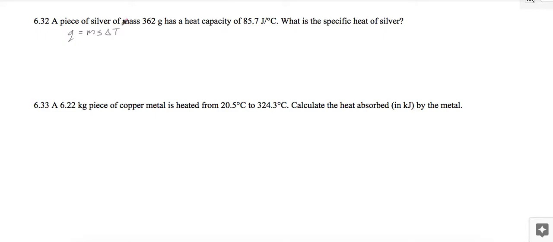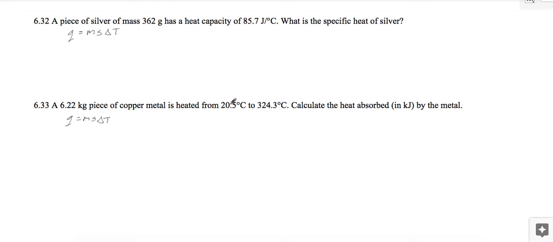This is often referred to as QMCAT. Q is equal to m times specific heat times change in temperature. And that means that the mass is important, not the mole. So this really throws a lot of students for a loop, where in thermochemistry, the mass of the object is important, not necessarily the moles.